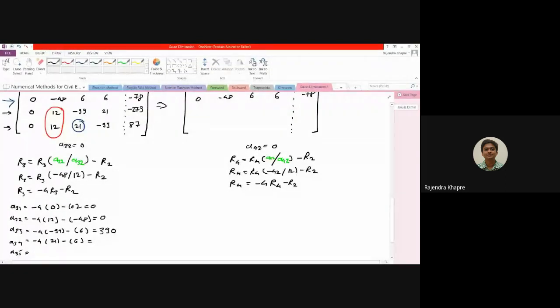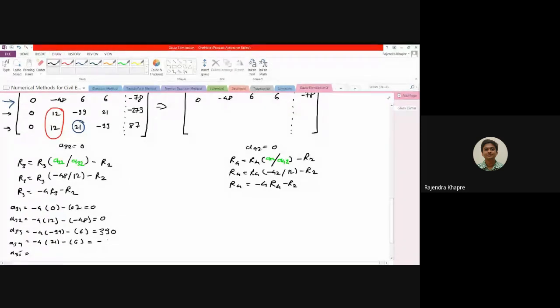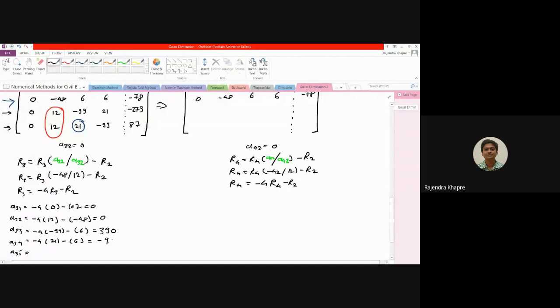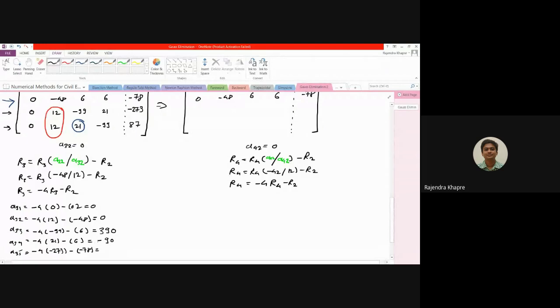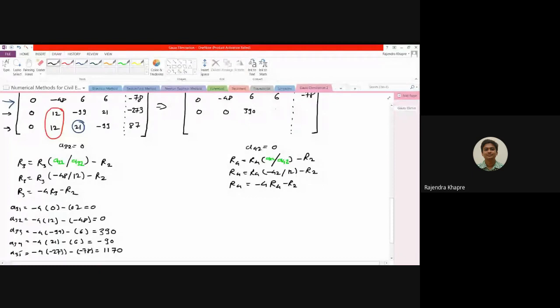How much is this? Minus 90. Lastly we have minus 4 into the third row, minus 273, and above it 78. How much is this? 1170. So this will become 0, 0, 390, minus 90, and 1170.